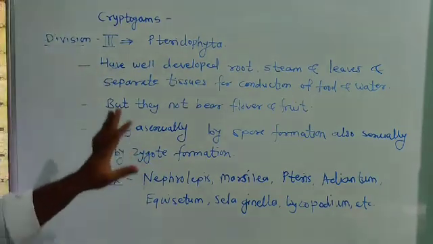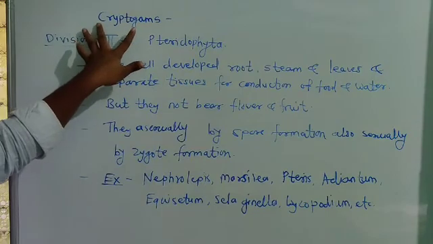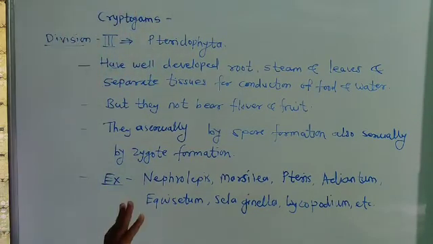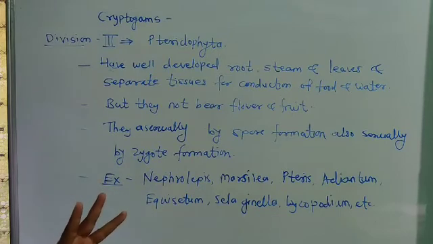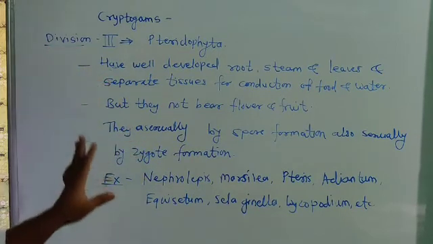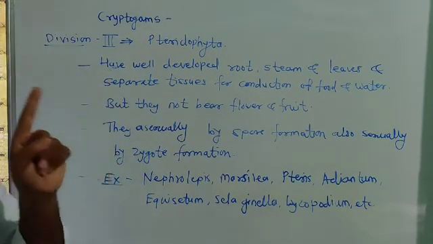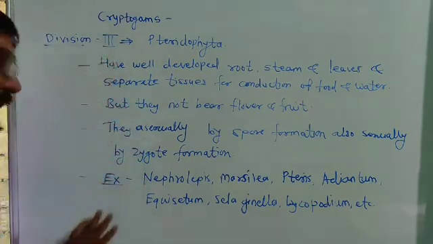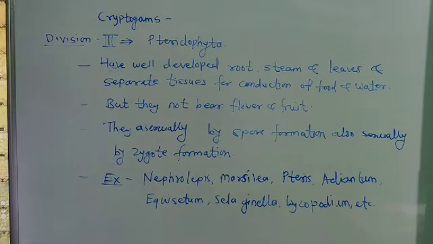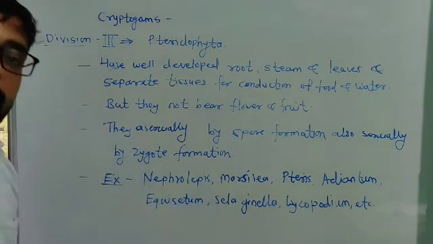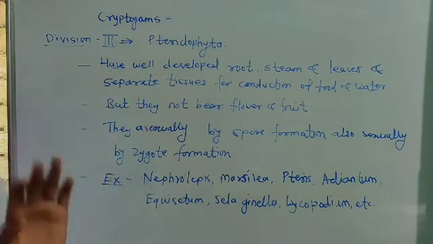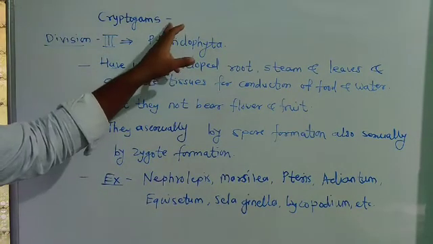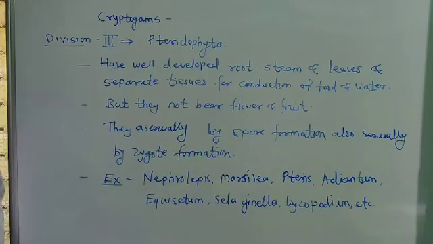So today we saw the cryptogams, their divisions and their characteristics. We know cryptogams are generally divided into three divisions: Thallophyta, Bryophyta, Pteridophyta. We saw their different characteristics, and their examples and diagrams are given in the book. You have to draw those diagrams from the book. Now from tomorrow we will see the second part, that is the phanerogams.